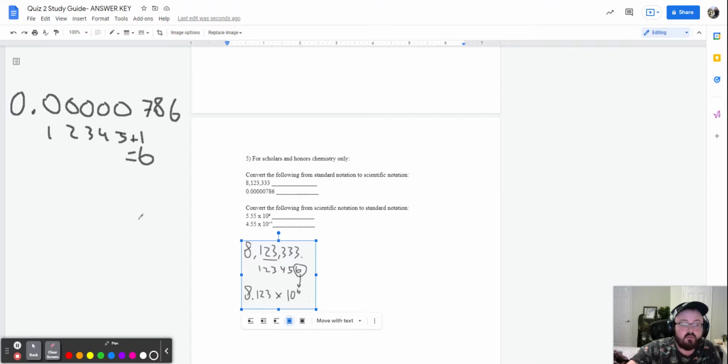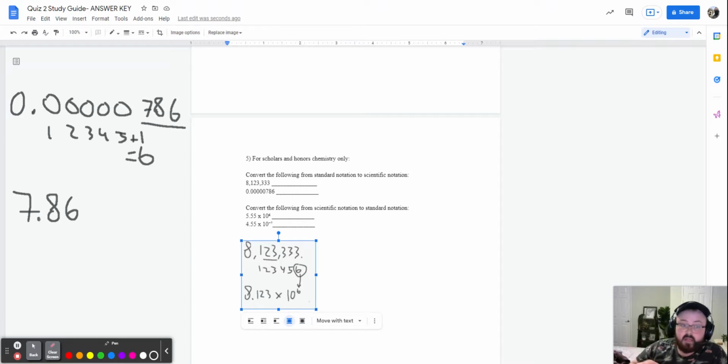You get 6. Make sure to add that 1 when you're dealing with smaller than 1 numbers, all right? You take the first number, you write 7, 8, 6. Put your decimal place there. We have 7.86. Take that first digit, put a decimal place after it.